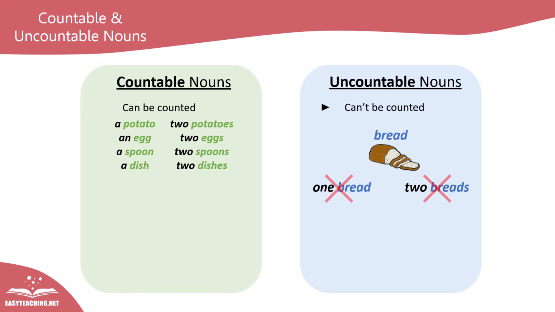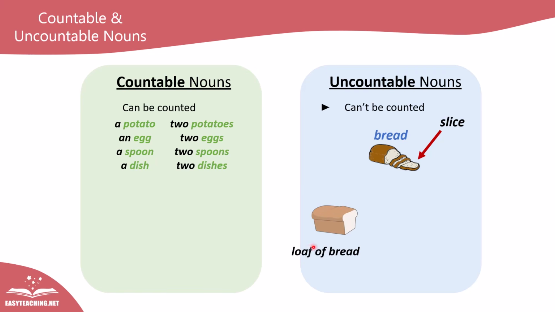We can make bread countable by using units or parts. For example, a slice of bread, a loaf of bread, a bread roll, a piece of toast. Then we could say 2 slices of toast, 3 loaves of bread, for example.